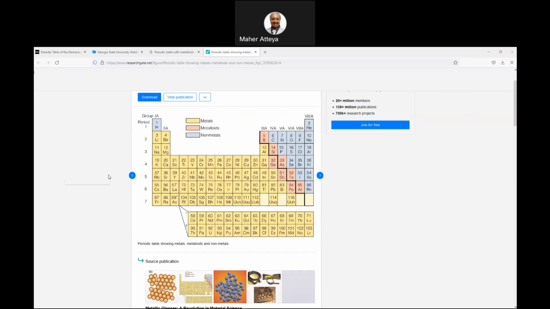If you look at the picture here, this is magnesium. The mass number is given at the bottom. This is the mass number here.